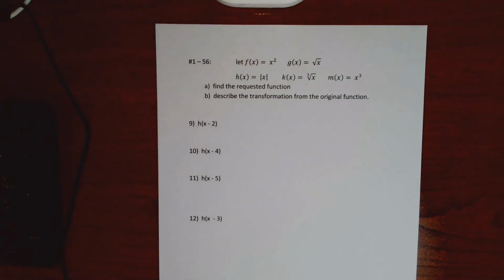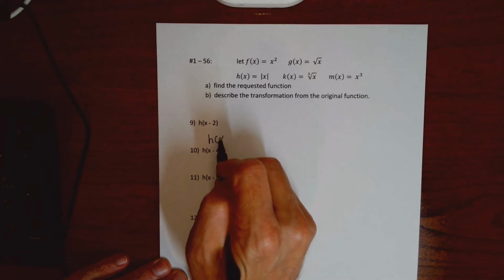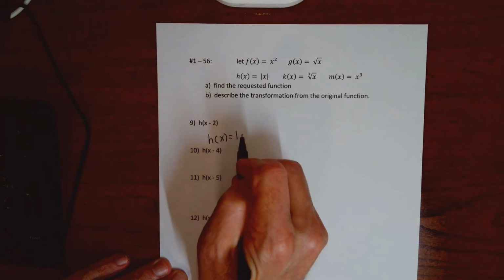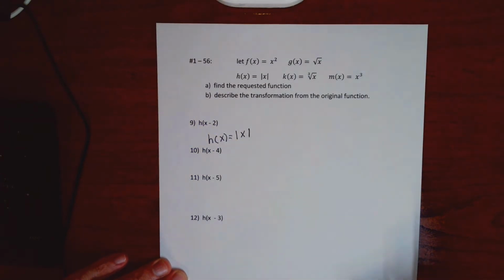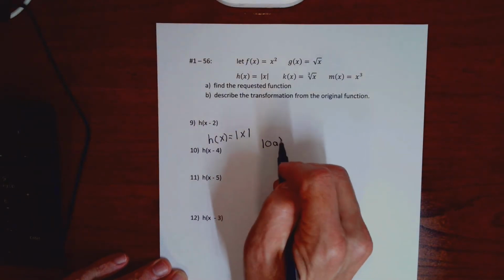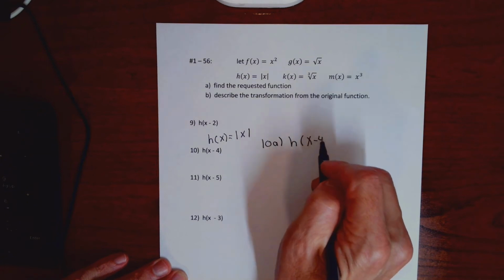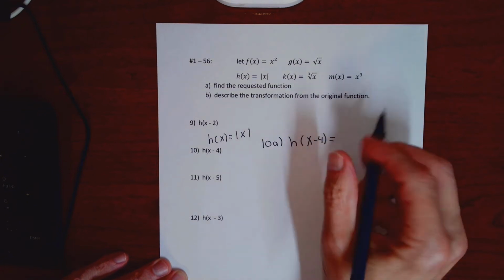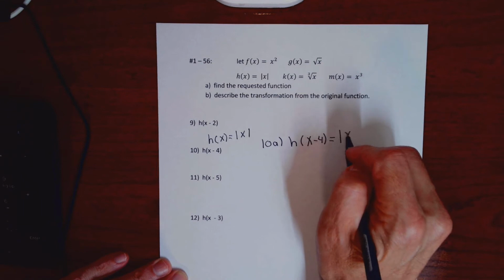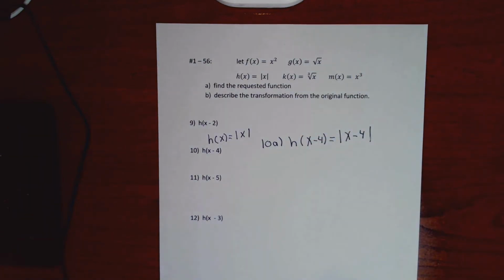Calling out the absolute value again for all these problems. Each one of these problems is referring to the absolute value function. For 10a, it wants me to find h of x minus 4. Because the minus is in the parentheses, it needs to go under my absolute values.